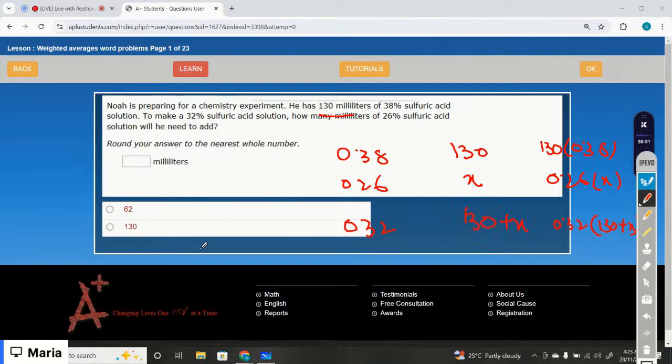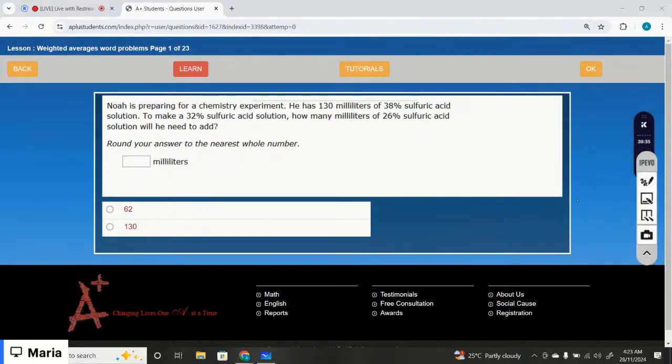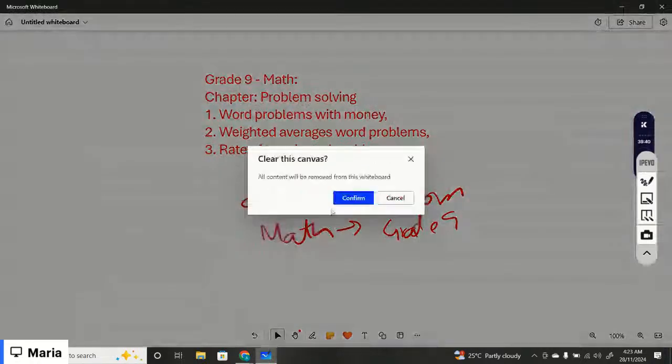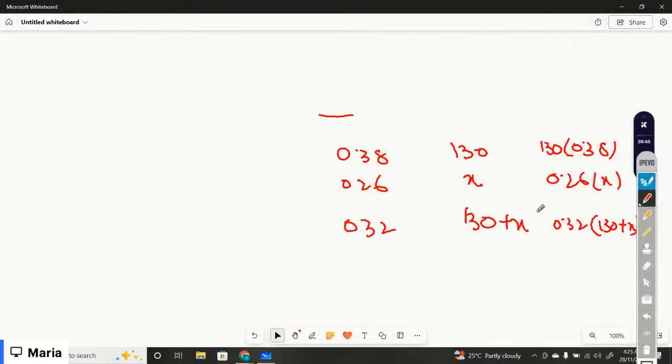So the equation is, I'm going to write on the board: 130 times 0.38 plus 0.26x equals 0.32 times (130 plus x).